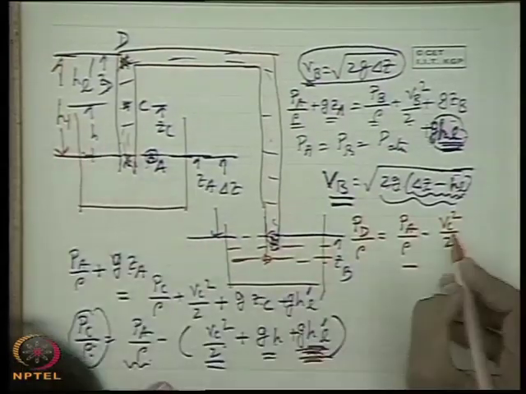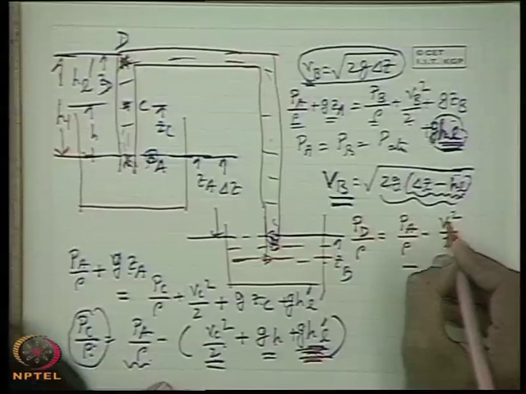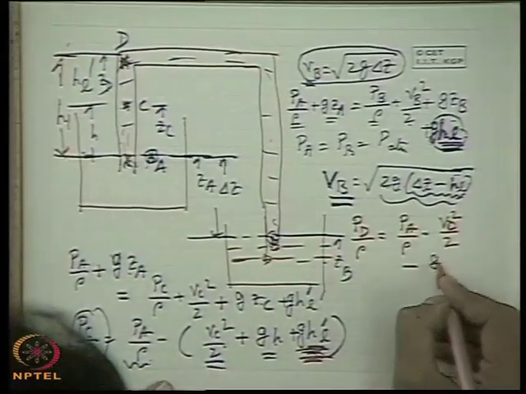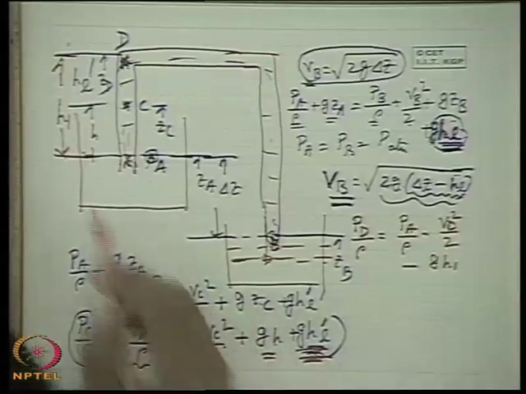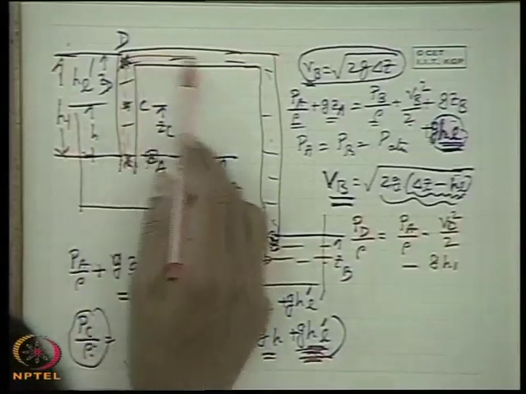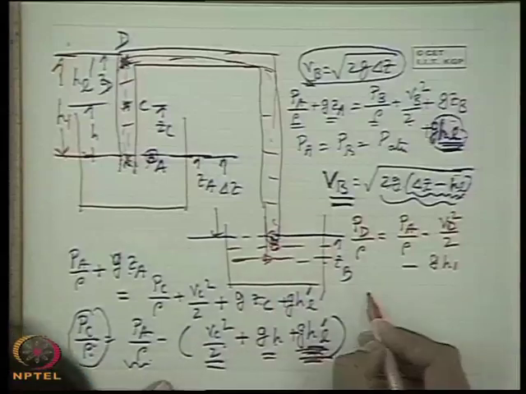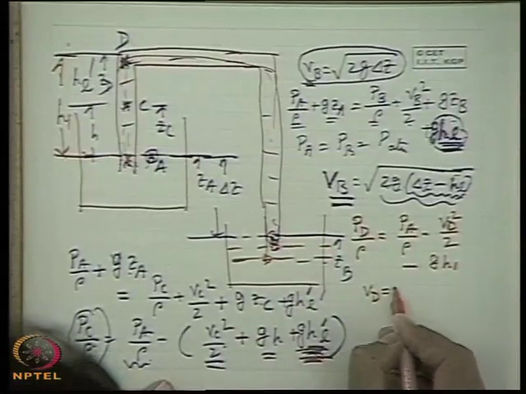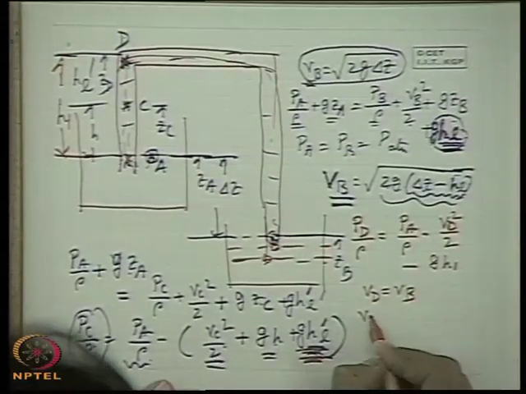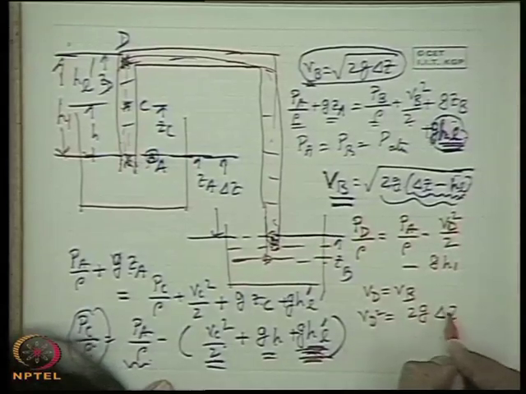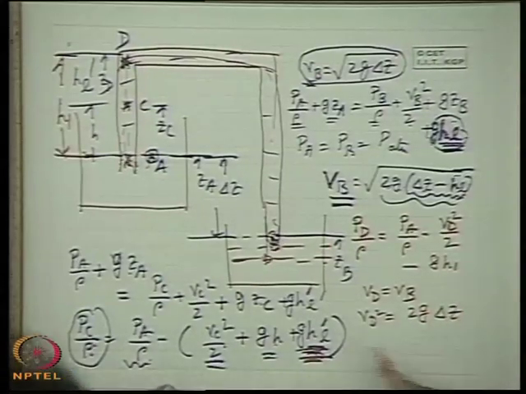VC and VD are the same, so VD square, very good, minus G H1. Now if we consider the pipe to be uniform, VD is VC and VB, so we can write VD is equal to VB. So VD square is 2G delta Z. Alright, very simple.